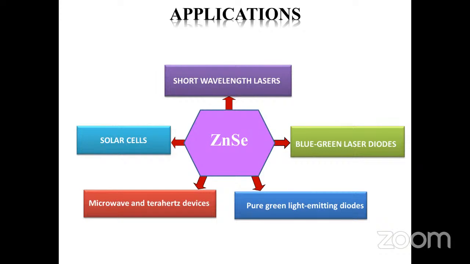Zinc selenide could be used in spintronic devices only if additional dopants are introduced. Zinc selenide is a diluted magnetic semiconductor material which exhibits both ferromagnetism and semiconducting properties.